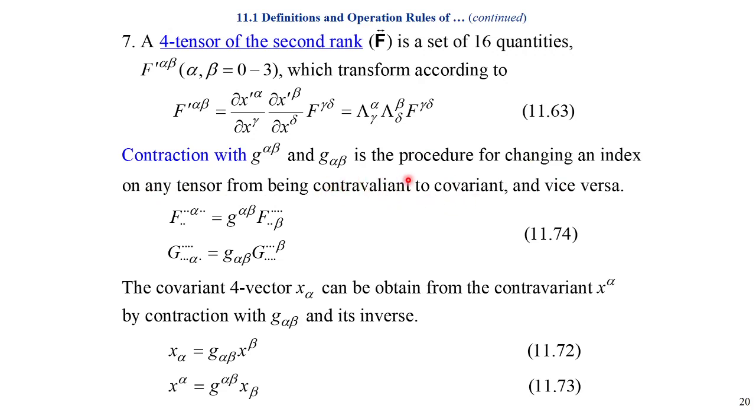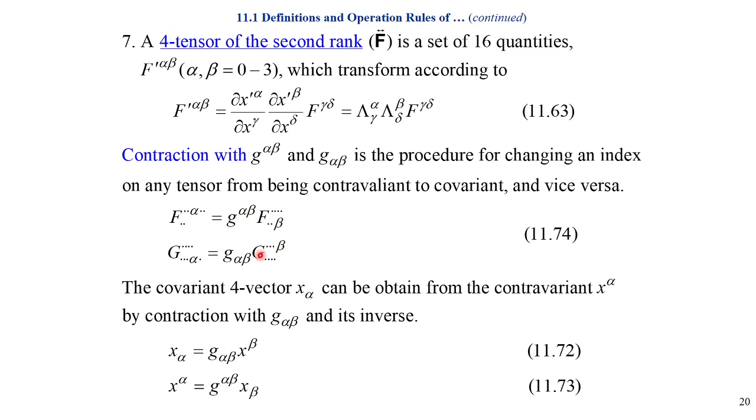Oh, there is a typo here: contravariant, a typo, and vice versa. So if we want to change from covariant to contravariant, we need to contract with G alpha beta.